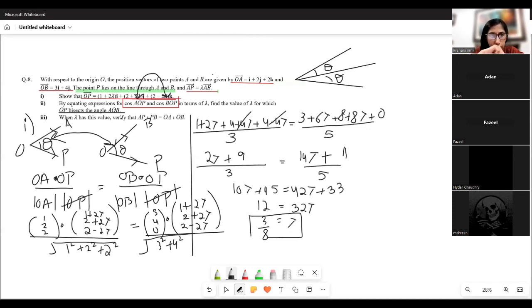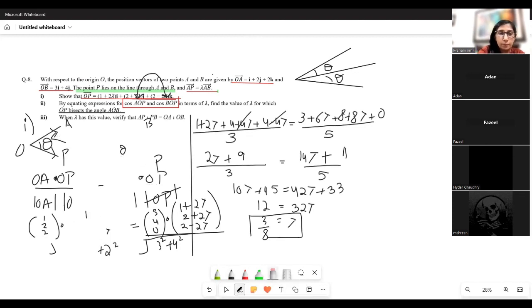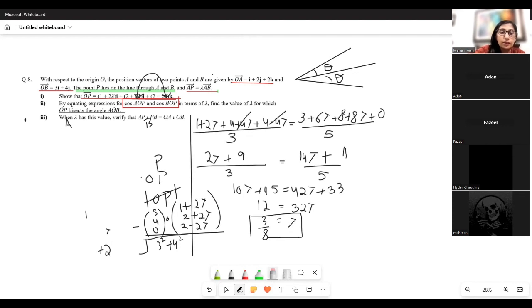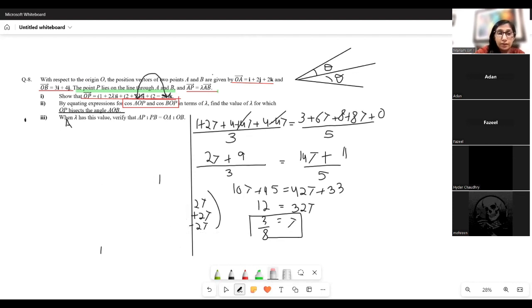Okay, so we have the expression for AP and PB, not really, but बना सकते हैं. Lambda की value हमें पता है 3/8.